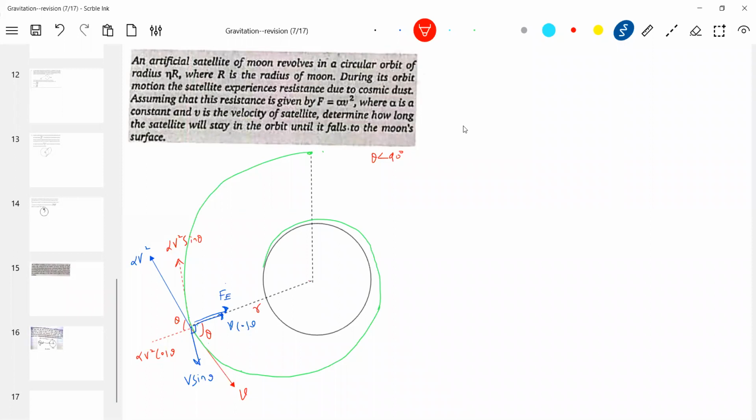Let's write the equation along the radial direction.